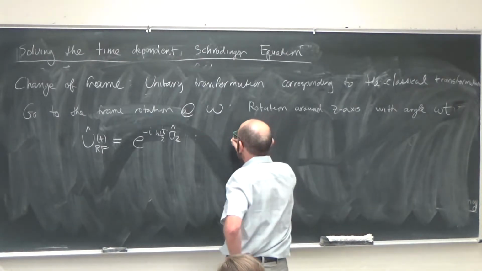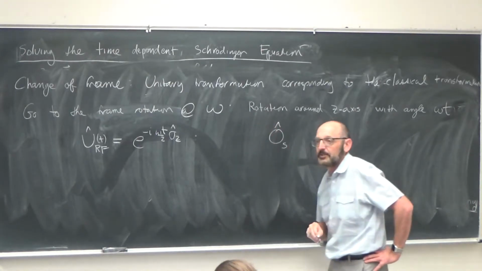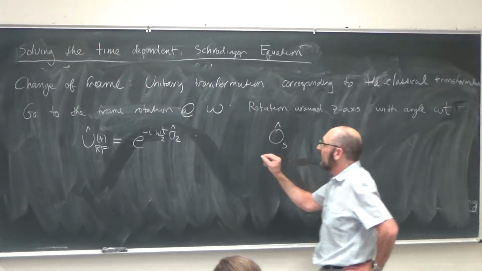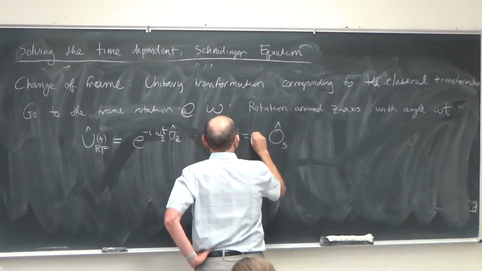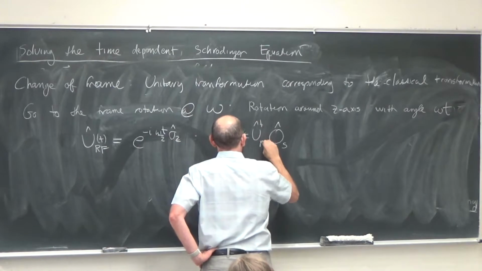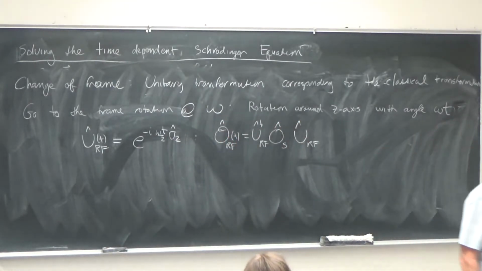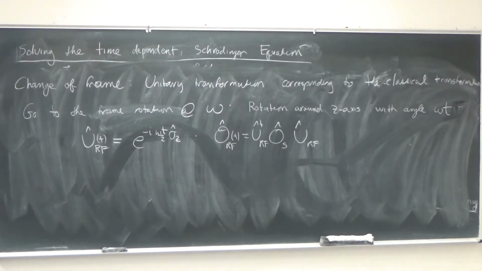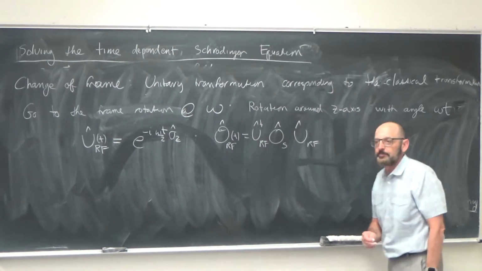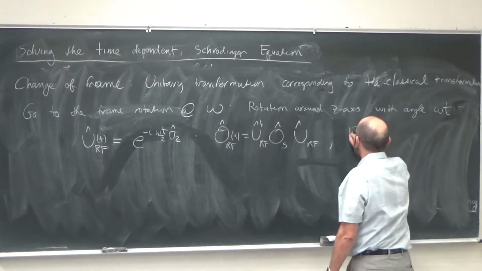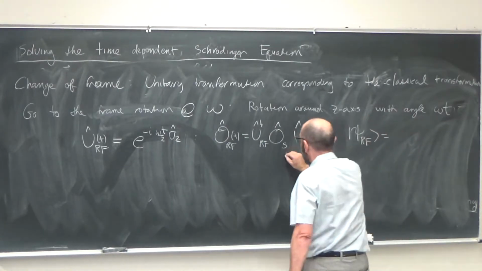So in this new picture, if I have some operators which are time independent in the Schrodinger picture, in the rotating frame, they're going to be time dependent according to that. Okay. So we've taken some of the time dependence out and put it into the operators in the rotating frame. And then the states in the rotating frame are related to the states in the Schrodinger picture.